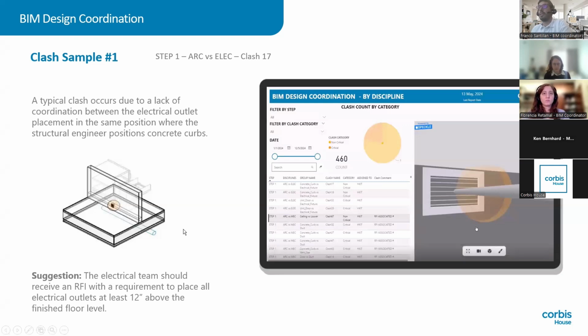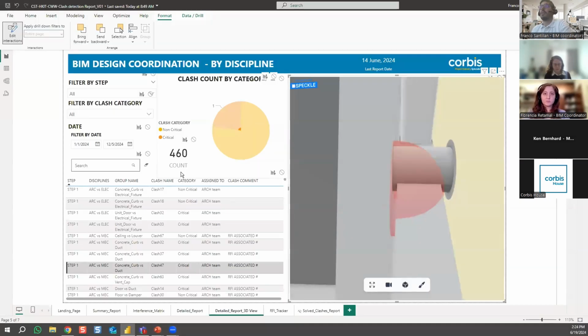So as you can see in this particular clash, we found a clash that occurs from an uncoordination between the architectural team and the electrical team. I will share it through the report.